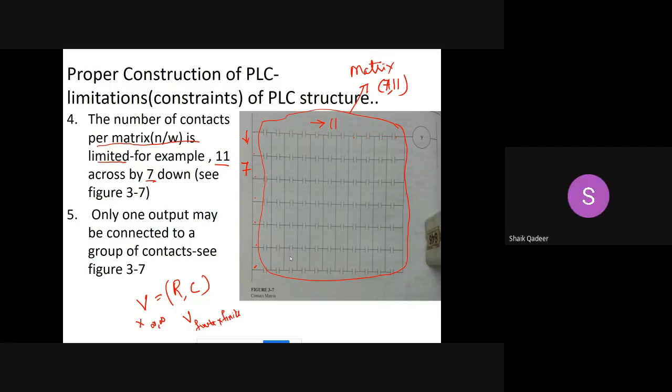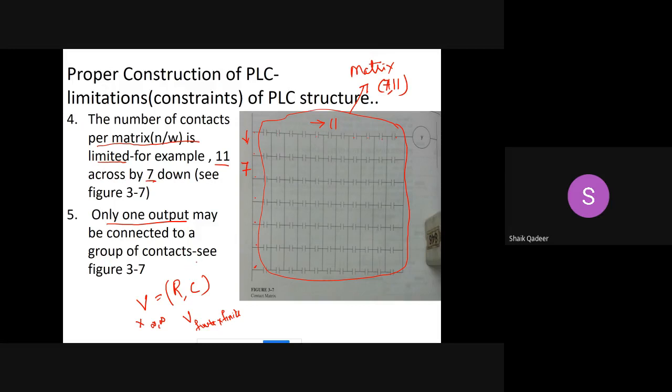Yes, sir. Already I explained this rule to you. That is nothing but each line of a PLC program must contain only one output. Please repeat with me: only one output is allowed in each line. Yes. Only one output may be connected to a group of matrix.